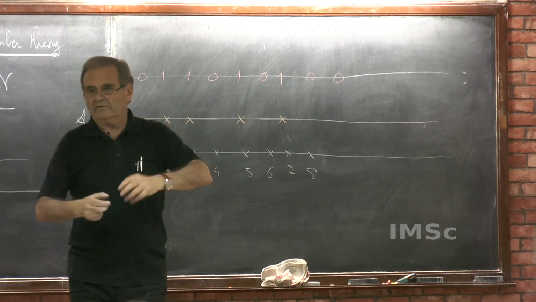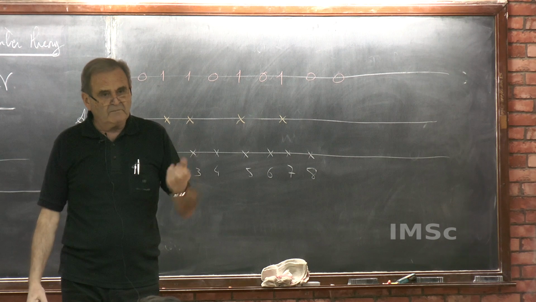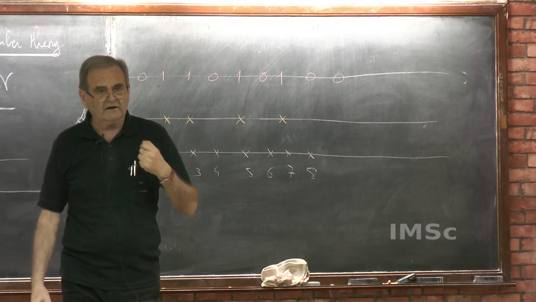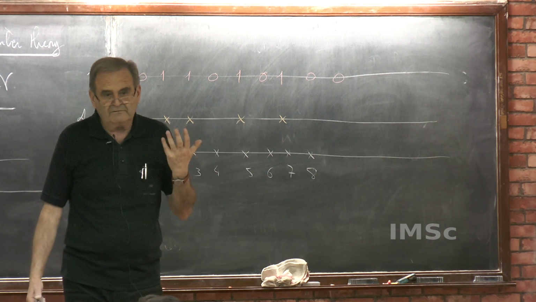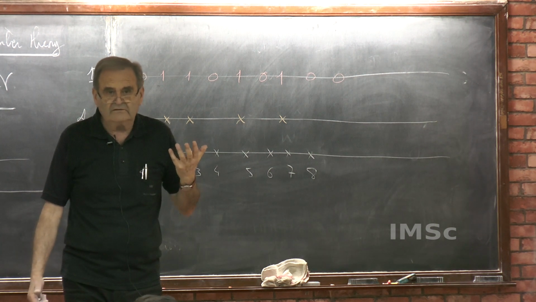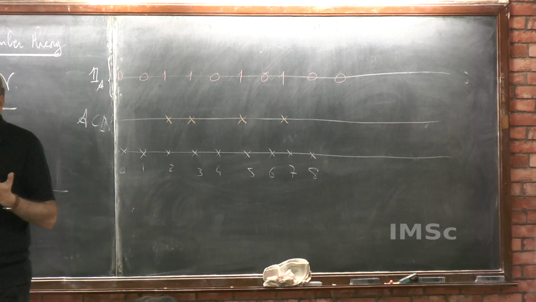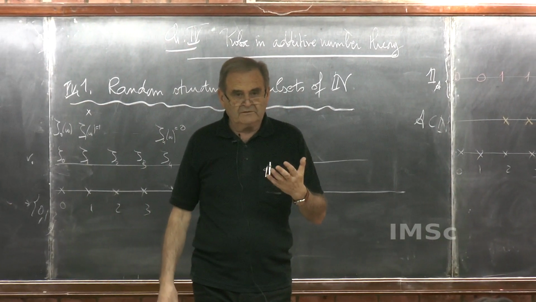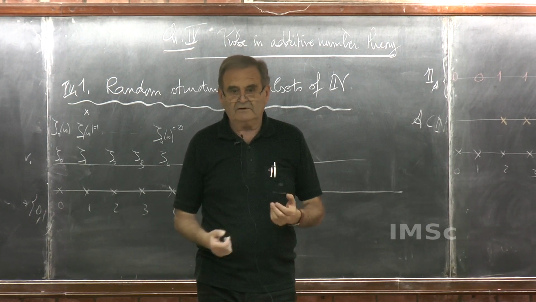But if you select more or less randomly something around n, what is the probability to get a prime number? This probability is about 1 over log n. This is the prime number theorem. Essentially, the prime number theorem is telling you that. So what is important is to have this probability, let us say, 1 over log n.